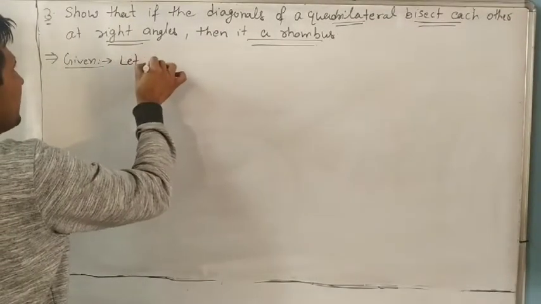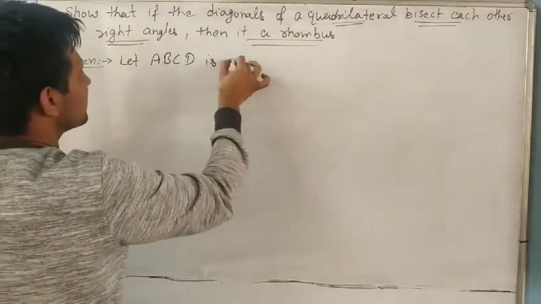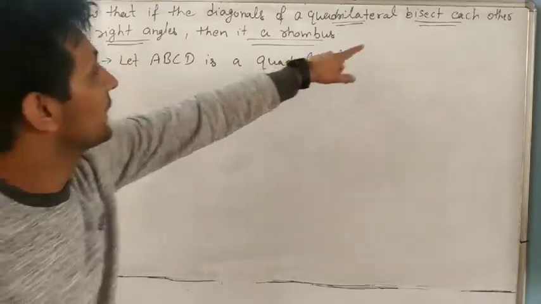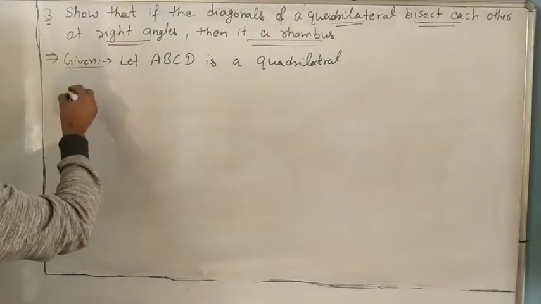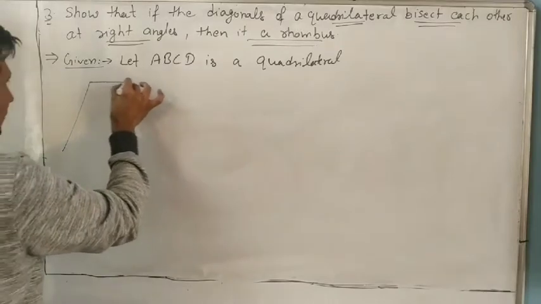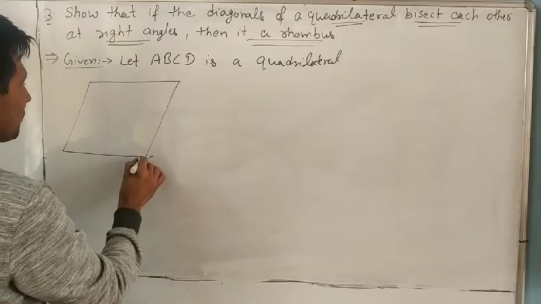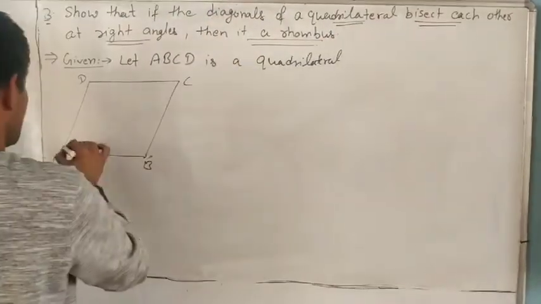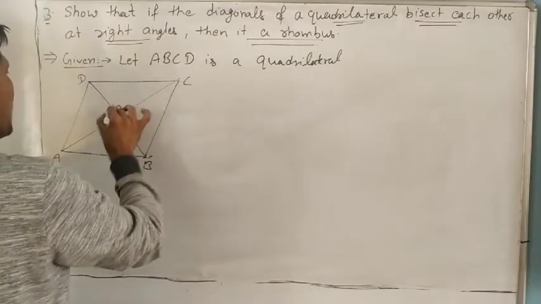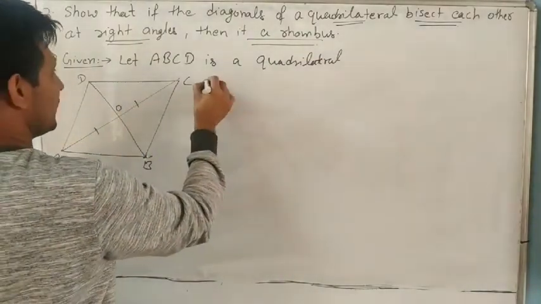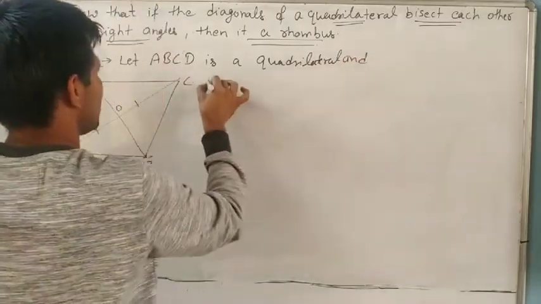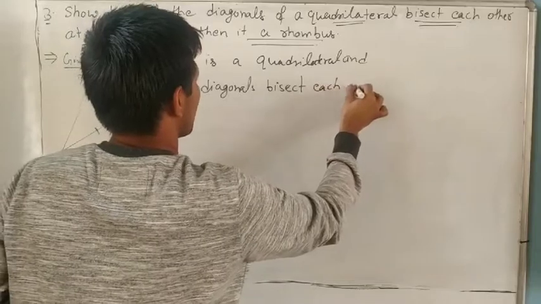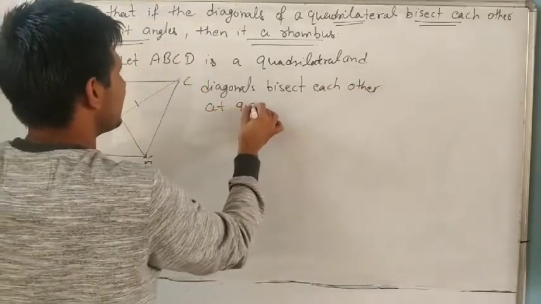So what is given? Let ABCD be a quadrilateral. What is given? The diagonals bisect each other at point O, and they bisect each other at 90 degrees. 90 means right angle.